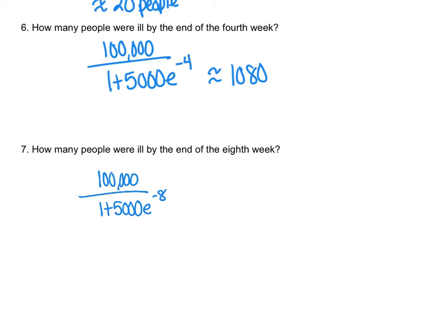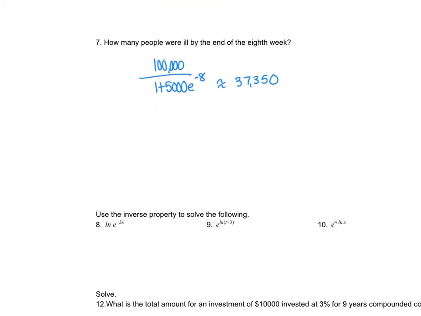So in our calculator, we're going to do 100,000 divided by, open parenthesis, 1 plus 5,000, second e to the power of negative 8. So now we're at 37,350 people. So as you can see, it spreads quickly.